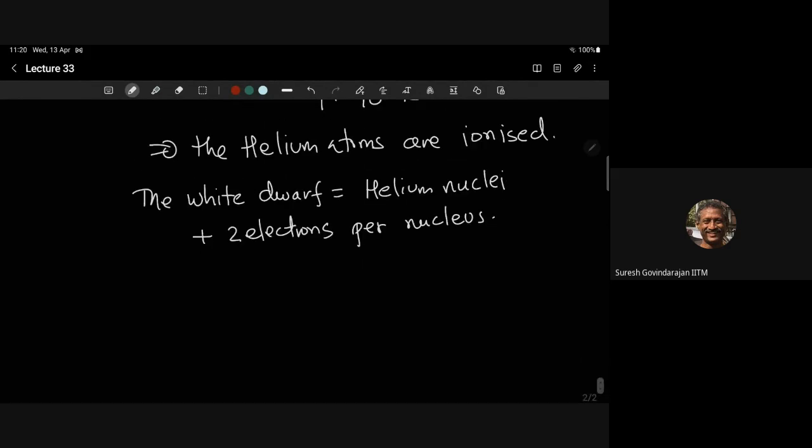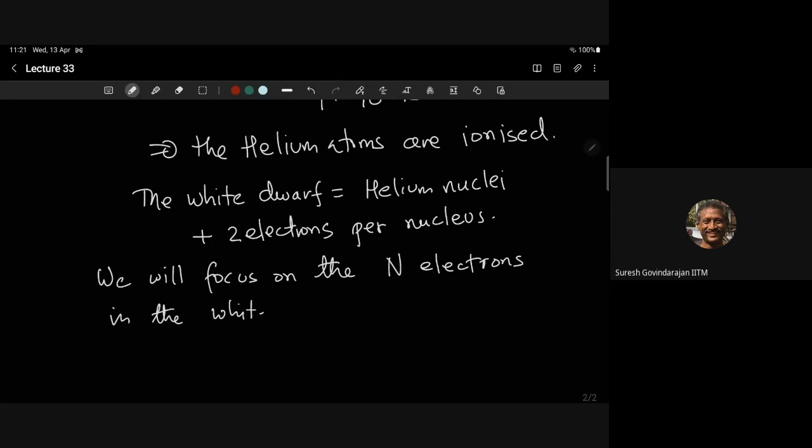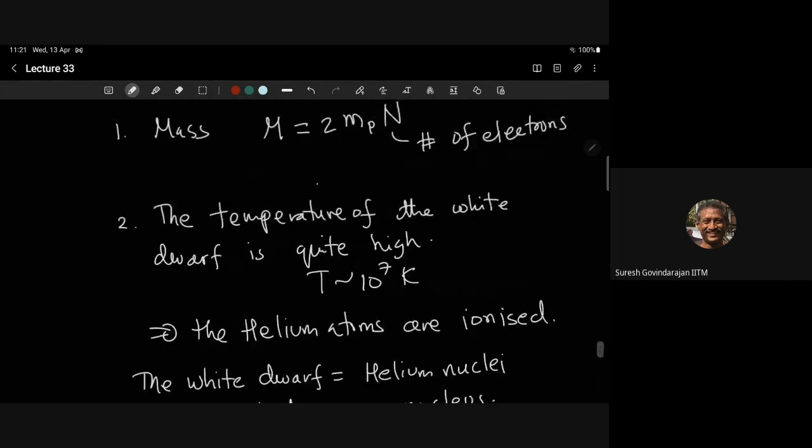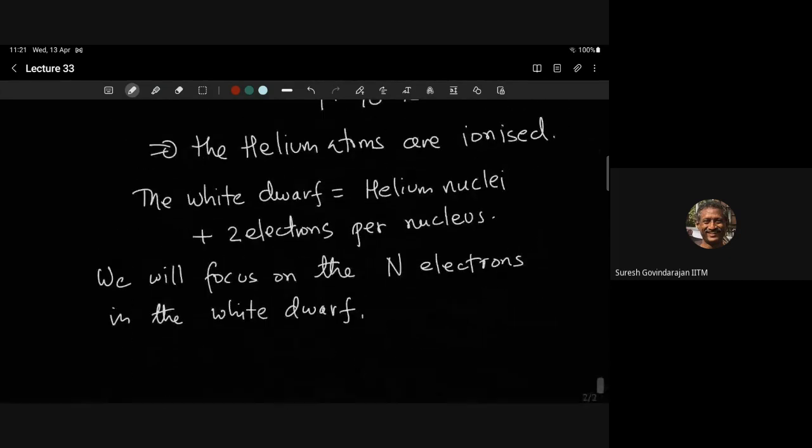And so what we will do is we will focus on the n electrons in the star. Okay, so this is what we want to do, and we will treat it.